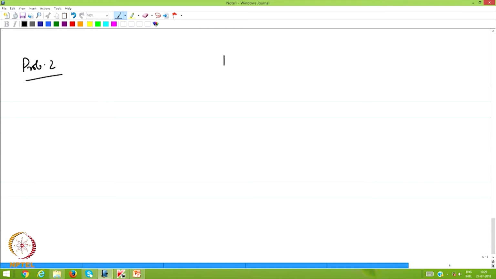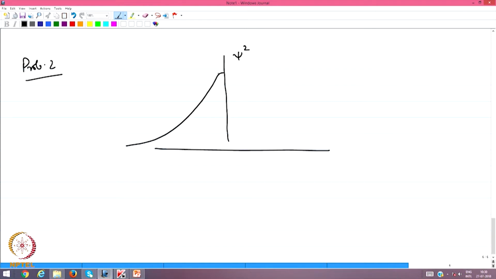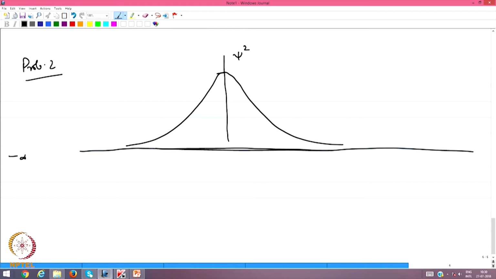Since the ground state wave function is given, psi squared, if you plot as a function of x, is going to be like that, and the entire area from minus infinity to plus infinity, the area under the graph is 1. But you have to find that value of x.